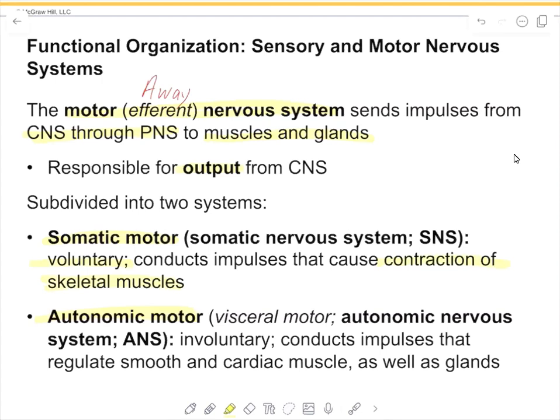If it has to do with the autonomic nervous system, which is a system which happens automatically, we don't make a conscious decision to control it. Therefore, it's thought of as involuntary. In this case, it conducts impulses to regulate things like smooth muscle, cardiac muscle, as well as specific glands.